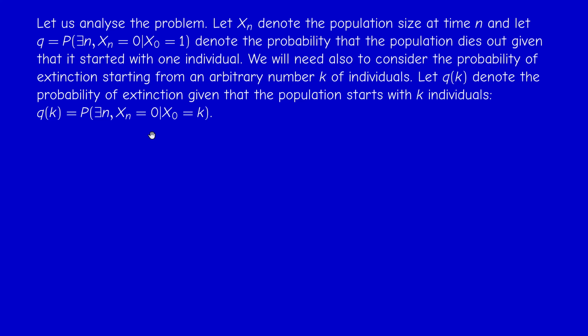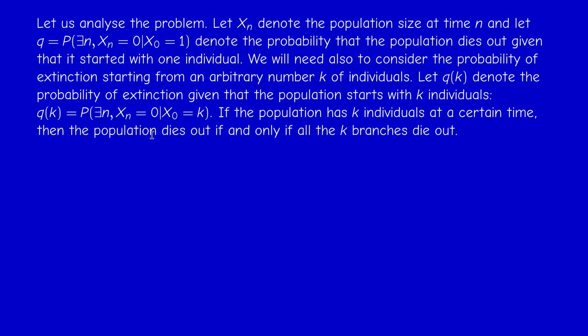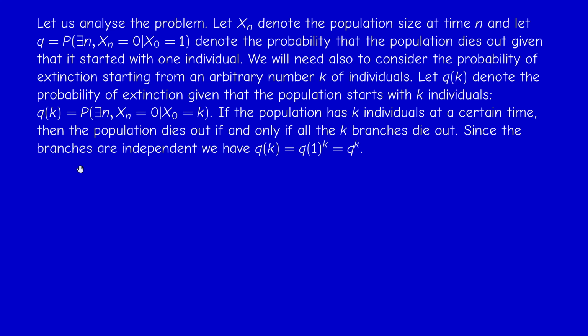Now, if the population has k individuals at a certain time, then the population dies out if and only if all the k branches die out. But since the branches are independent, the probability of dying out starting from k individuals is the product of the probability of each branch.